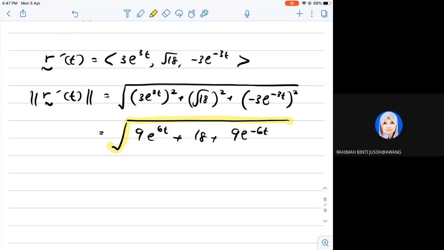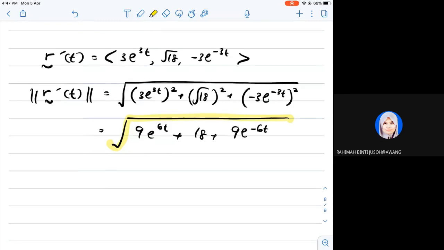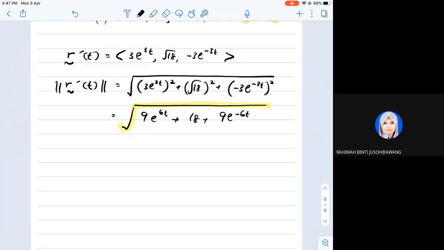So what to do is, kita punya objektif, kita nak buang, kita nak remove kita punya punca kuasa tu. So, kita kena simplify terms ni. Macam mana nak simplify?